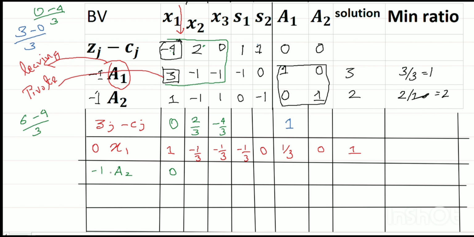And next, how to find this value? This is 0, and again I create a corner. So 3 into 1, so this is 3, and 1 into minus 1, minus minus plus 1 by 3, so it is 4 by 3. Sorry, this is 4 by 3.